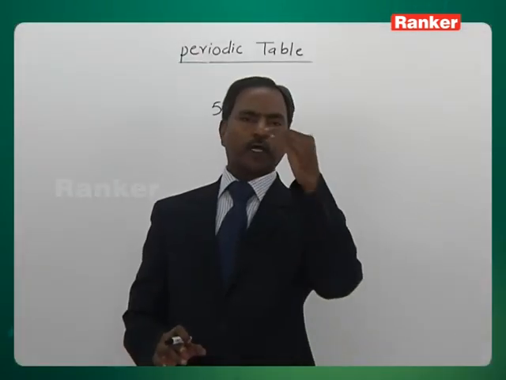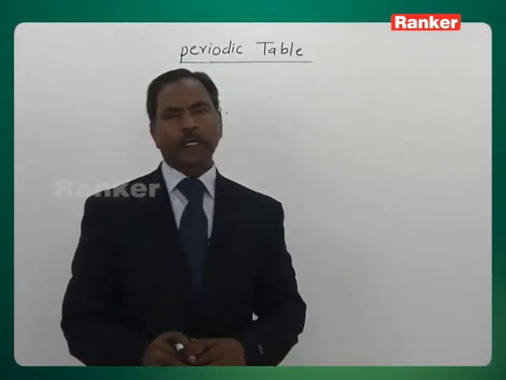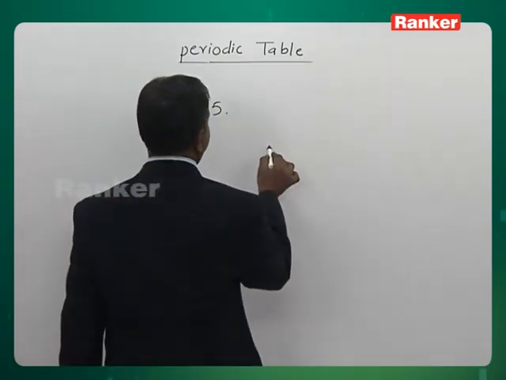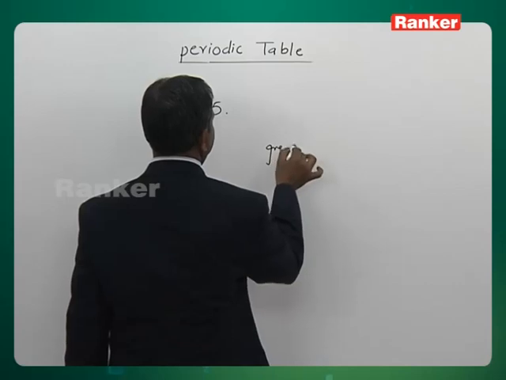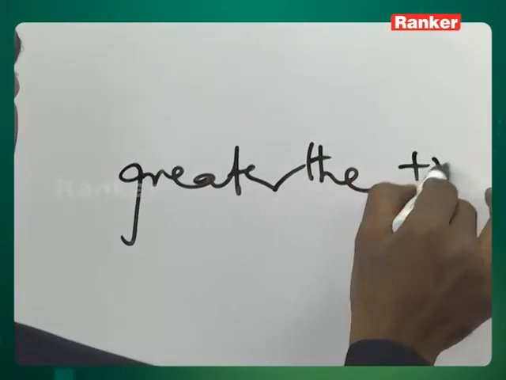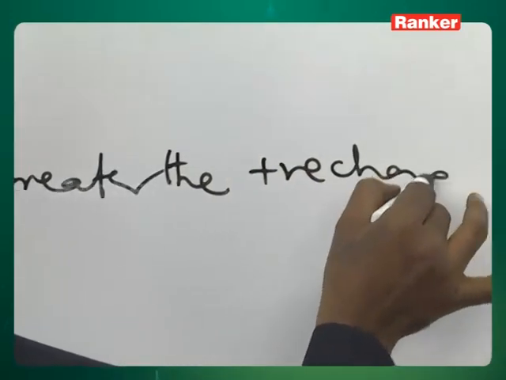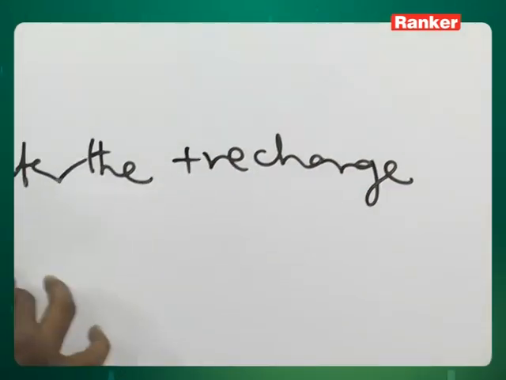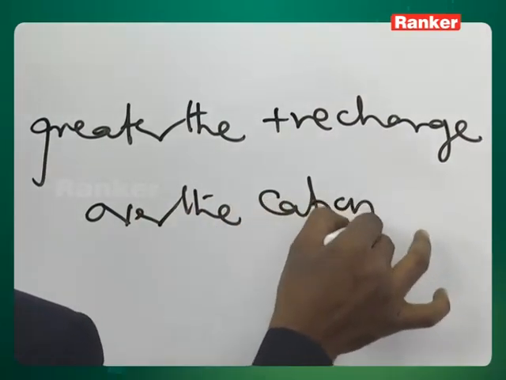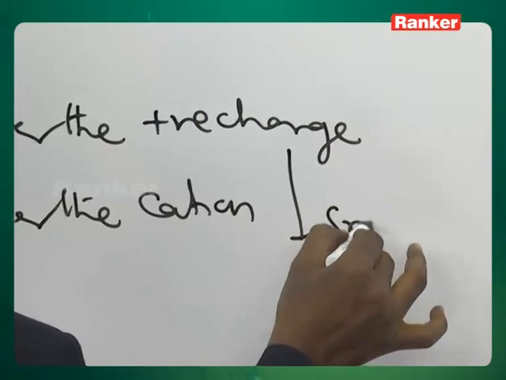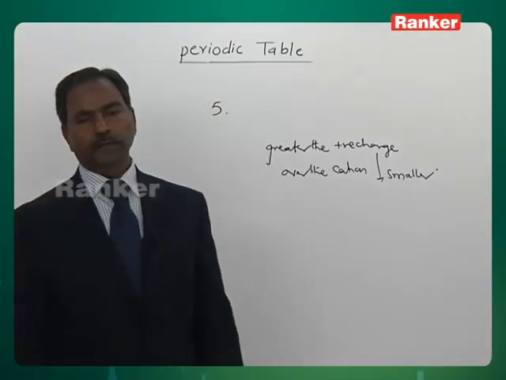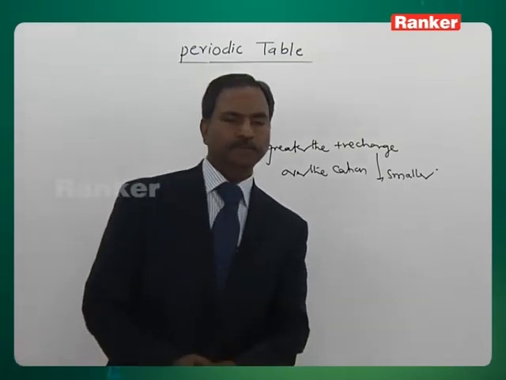See, one thing: once you talk about ionic radii, the greater the positive charge over the cation, smaller will be the size.